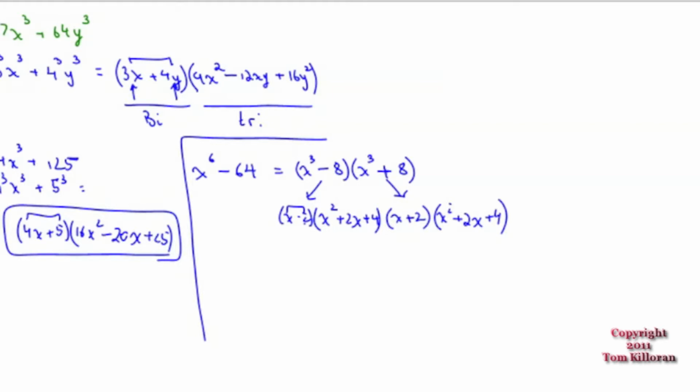Now, I'm interested. What if we treat this as perfect cubes? What would happen? I think it actually makes it worse. X cubed minus 64. This first term would be x. The second term would be 4. Wait a minute. It's x to the 6.